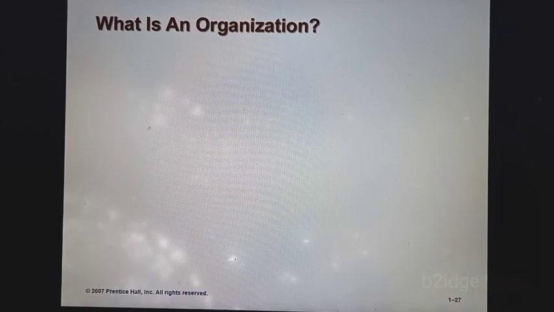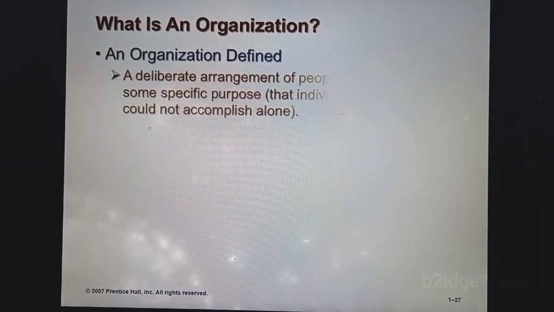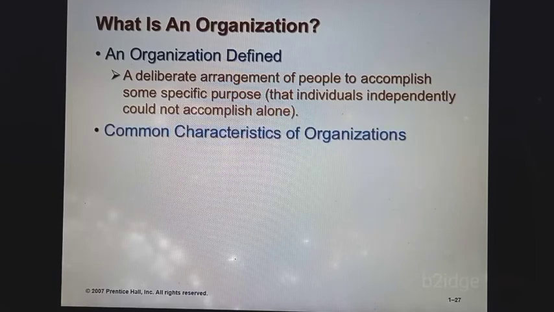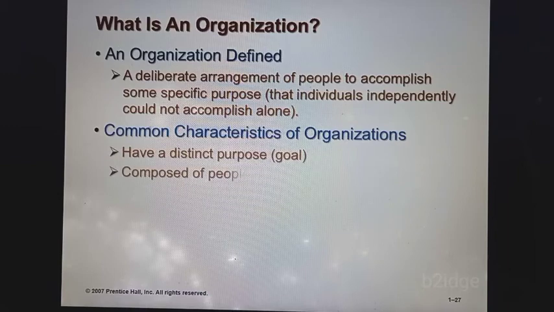So, what is an organization? It's a deliberate arrangement of people to accomplish some specific purpose that individuals independently could not accomplish alone. So, when you're a team, you can achieve greater goals. Common characteristics of organizations: they have a distinct purpose, they have a goal, they are composed of people, and have a deliberate structure.